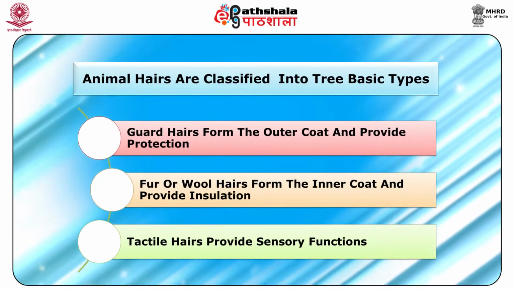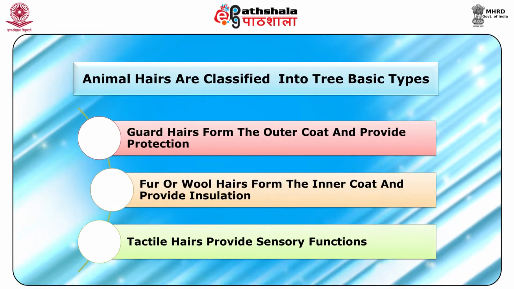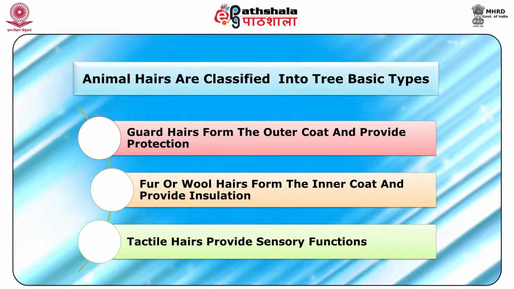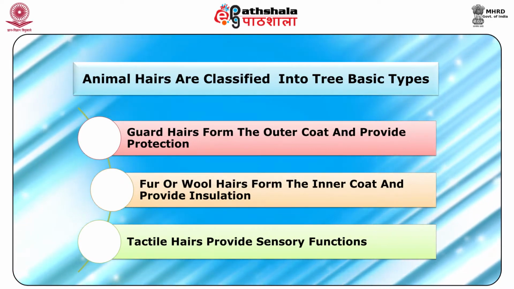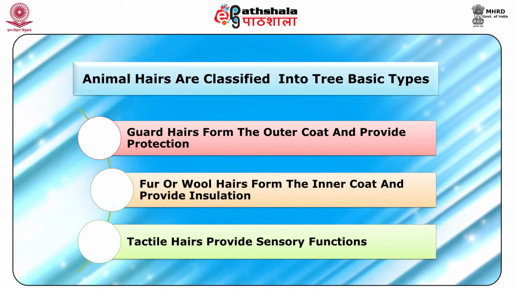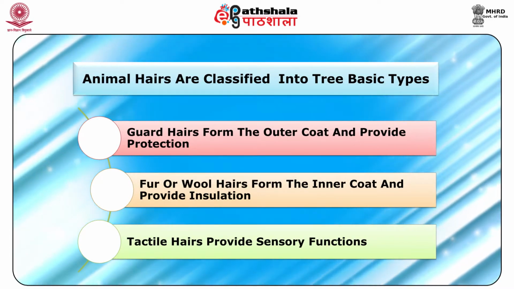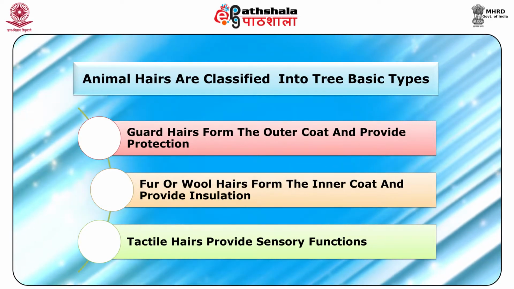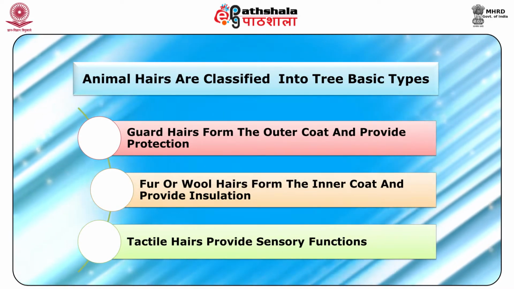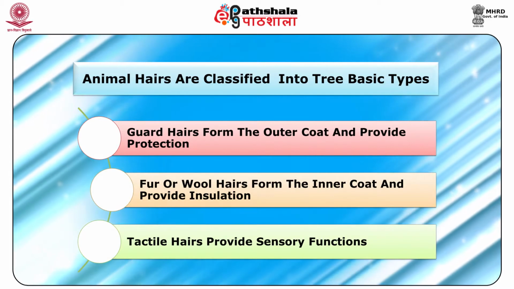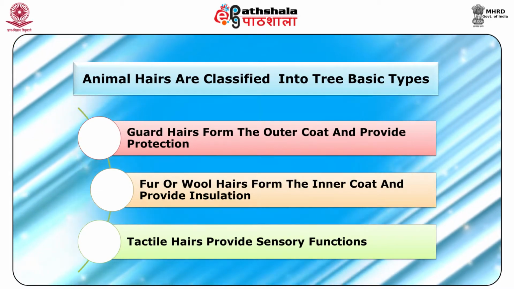Animal hairs are classified into three basic types. First is guard hairs that form the outer coat of an animal and provide protection. Next is fur or wool hairs that form the inner coat of an animal and provide insulation.